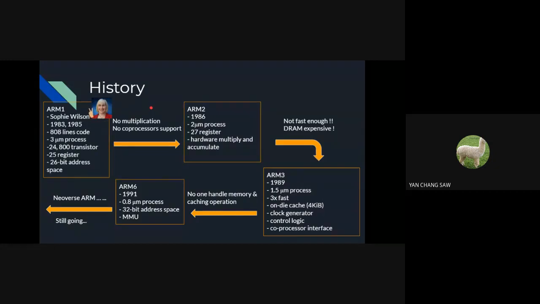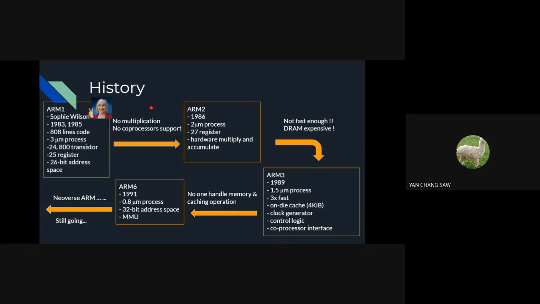After using ARM1, they found out that the processor hardware could not do multiplication and could only do it in software, which is very slow. ARM1 also could not support a coprocessor. Thus they came out with a solution, the ARM2. The ARM2 processor was fabricated a year later, in 1986, using a 2 micrometer CMOS process, with 2 additional registers, 27 registers in total.